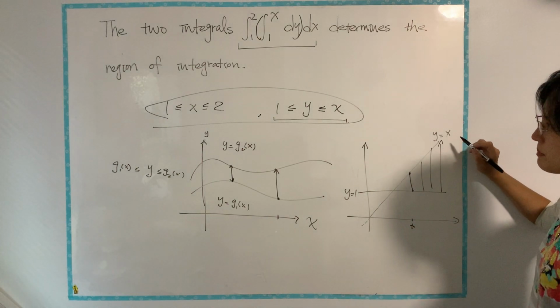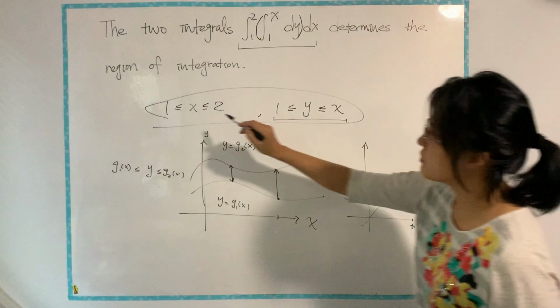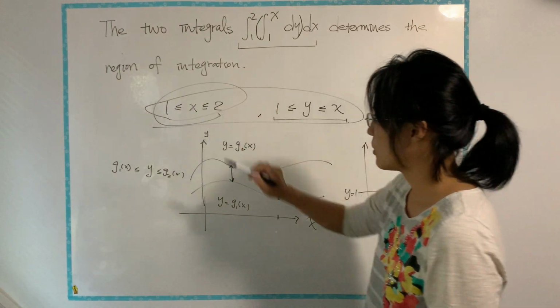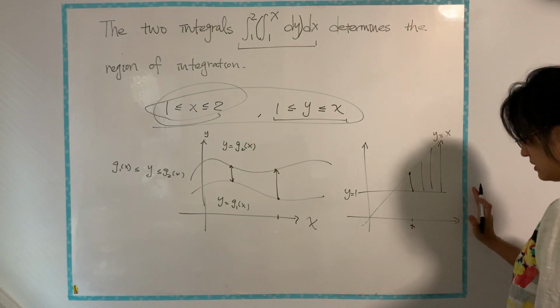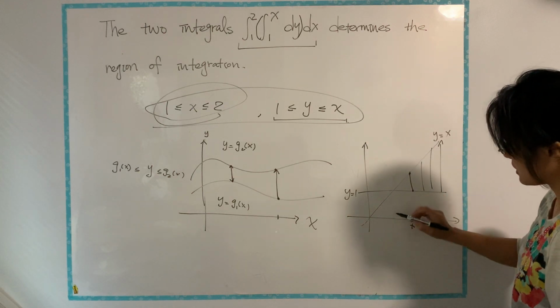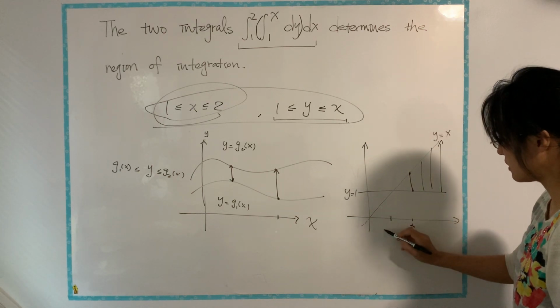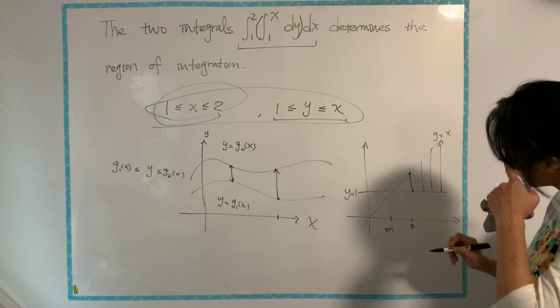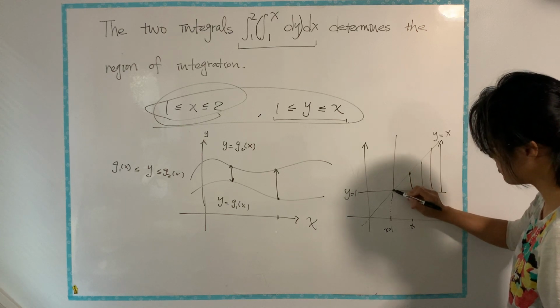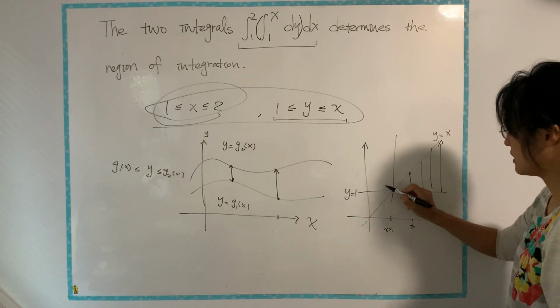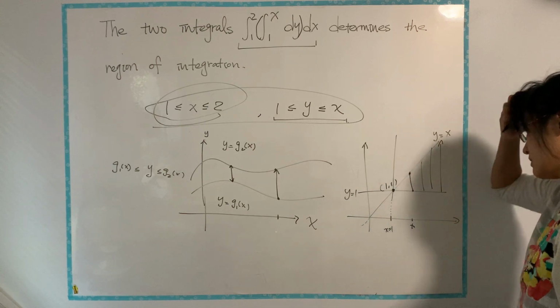Okay? But we only want to focus on the part where x is equal to 1 and x is equal to 2. Okay? So let's find where it is on the graph, x equal to 1. So when x equal to 1, it happens to also pass this point, because this is point 1, 1. Okay?